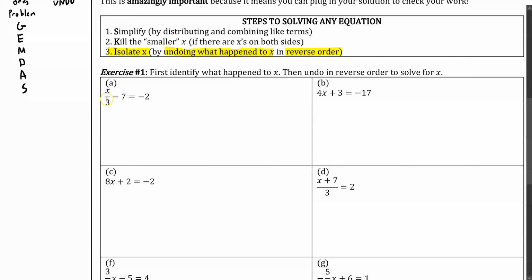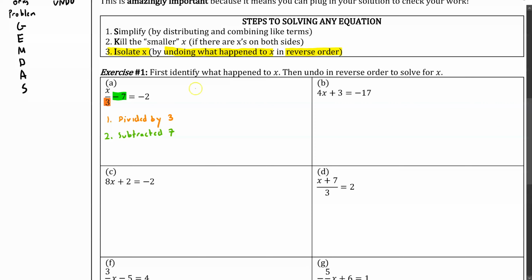So I'm going to highlight the 3 and write down that the first step that the problem did is it divided by 3. Then the problem subtracts 7. So first the problem took x and divided by 3, then the problem subtracted 7 from x.